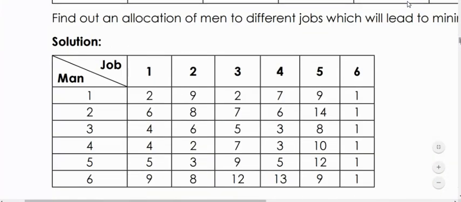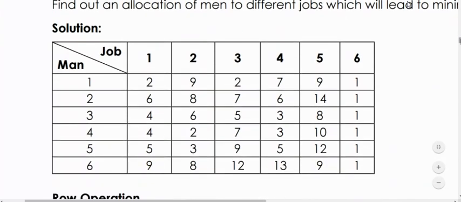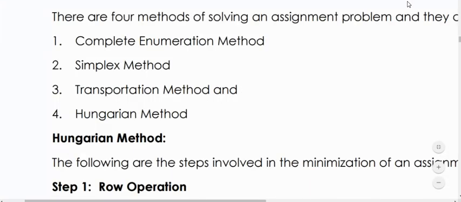If you see this table, can you tell me which is the minimum number in row 1? We'll check row 1. We have 2, 9, 2, 7, 9, 1. Which is the minimum number? 1. So we have to subtract 1 from all the numbers here. That is how we'll be able to make the second table.